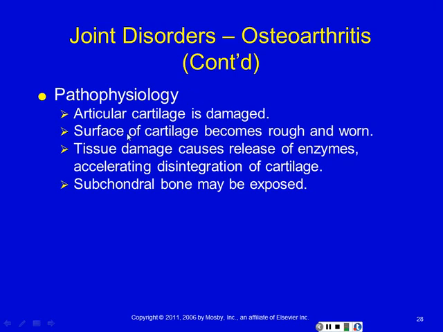And once you get even a little defect, it starts to get worse, because now it's like sandpaper. When it started, this side was smooth and this side was smooth. But if you develop a little rough spot right here, as this joint gets moved throughout the day, this rough spot starts rubbing away at the other cartilage, and so on. So the damage to articular cartilage creates more damage to more articular cartilage in that same joint, and then at some point, the bone underneath that cartilage gets exposed.